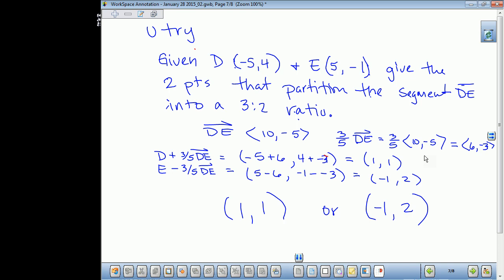Show your partner. Y'all are missing work on that one. But somebody can show me this side. I did the work. It looks like everyone got, we did it over here.